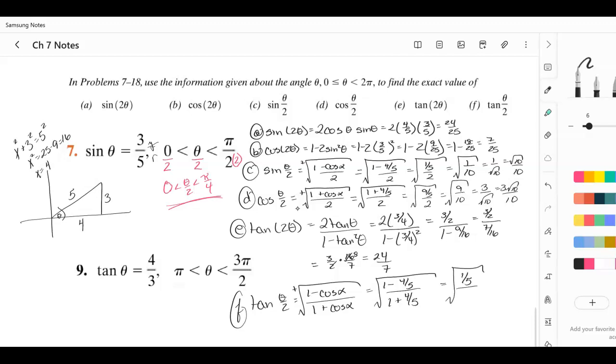This is going to be 1/5 over 9/5. So simplify. This is 1/5 times 5/9. So 1/9, which reduces to 1/3.